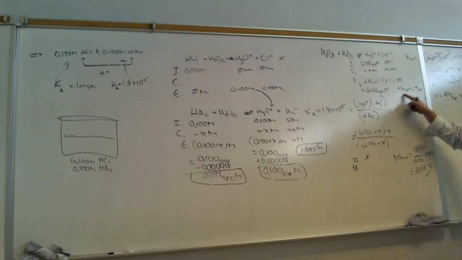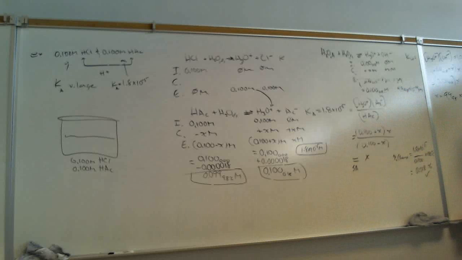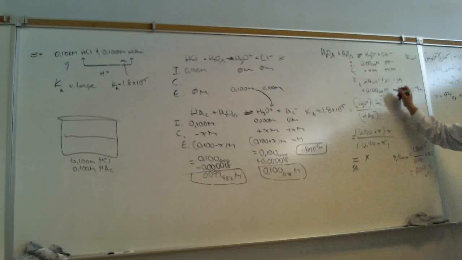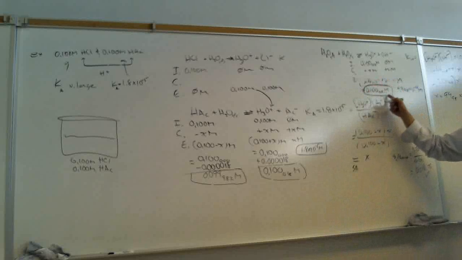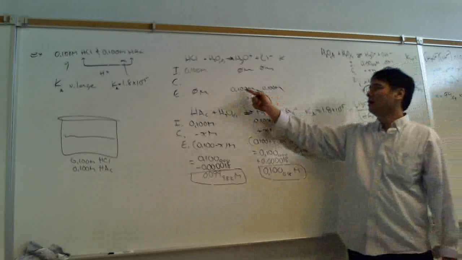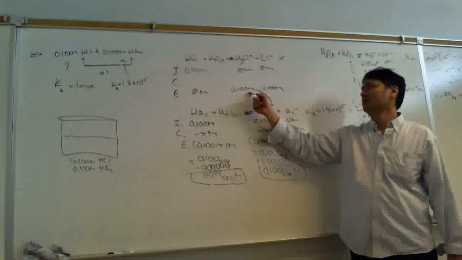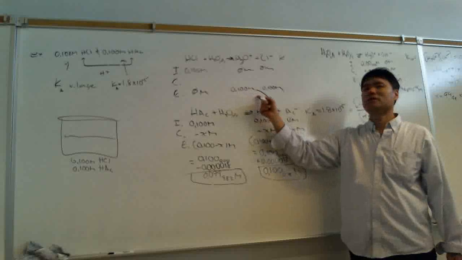And so here we see a significant increase in hydroxide. Here we don't see a significant increase. So the final hydronium is going to be here. Well, if we calculate the pH, the pH here is going to be 1.000.